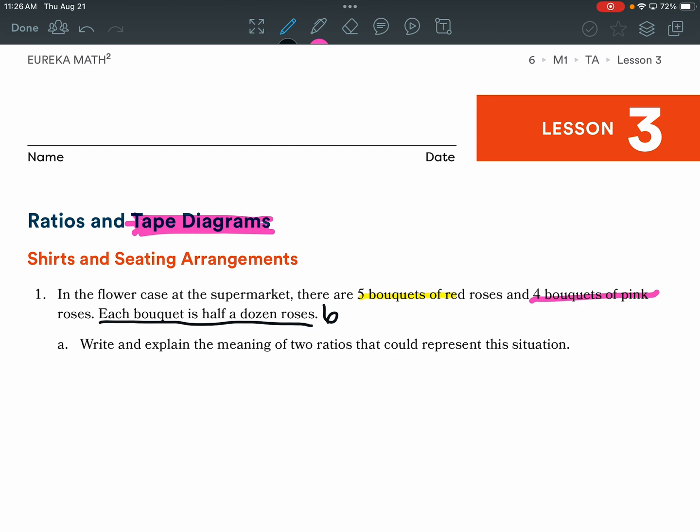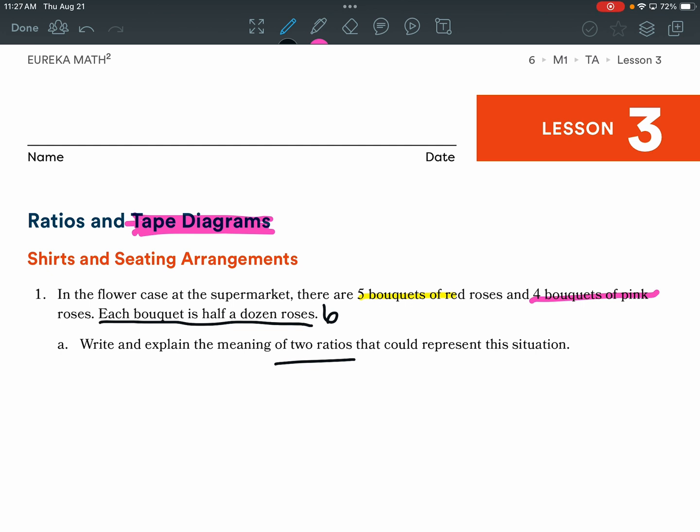Okay, so let's think about this. Each bouquet has 6 roses, right? There's 5 bouquets of red roses. There's 4 bouquets of pink roses. They want us to write and explain 2 ratios that could represent this.